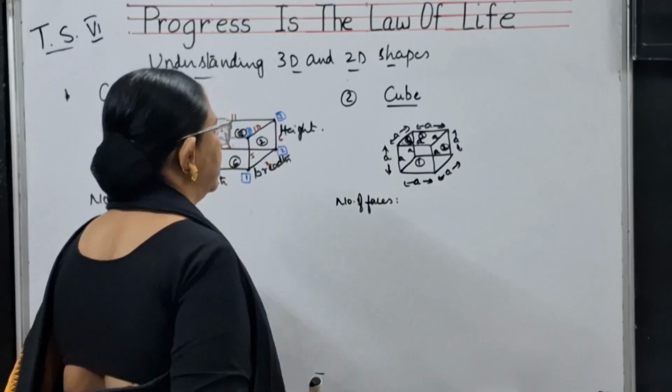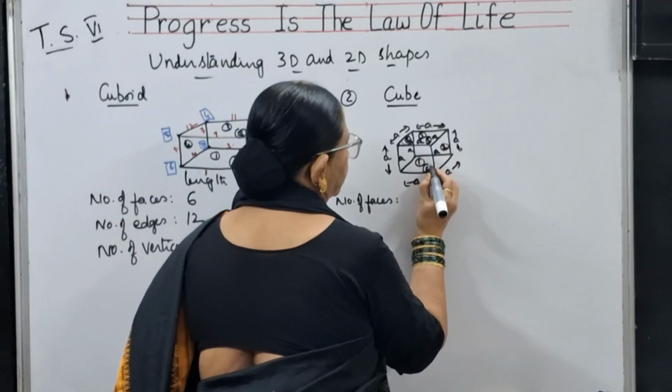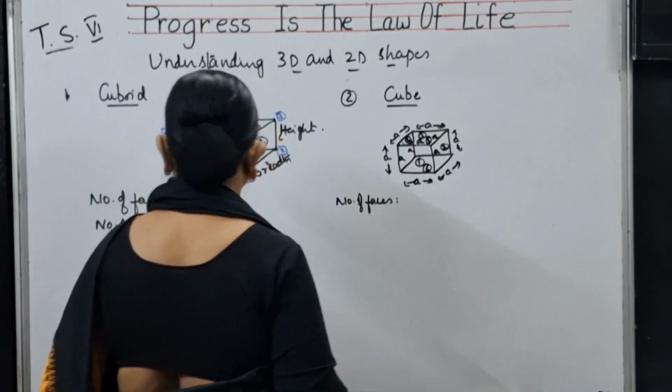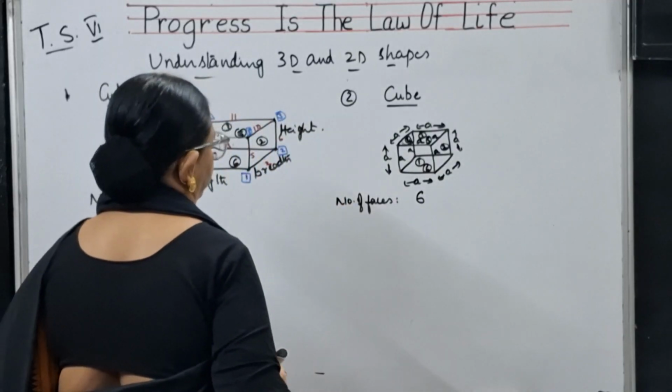So 4, and the top one is the fifth face and the bottom one is the sixth face. So in total, how many faces are there? Number of faces, just like that of the cuboid, 6 faces.